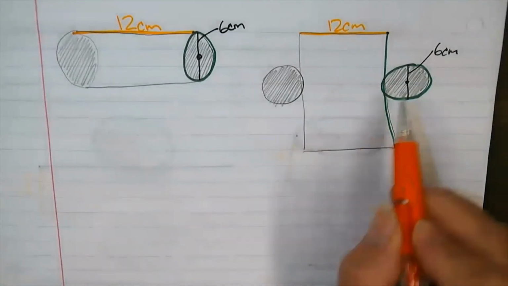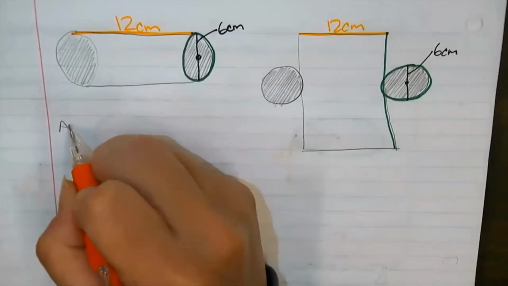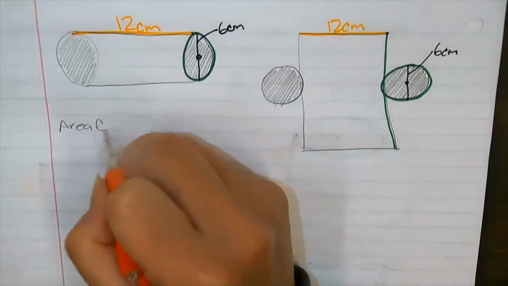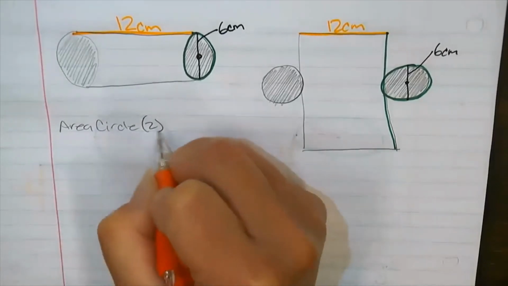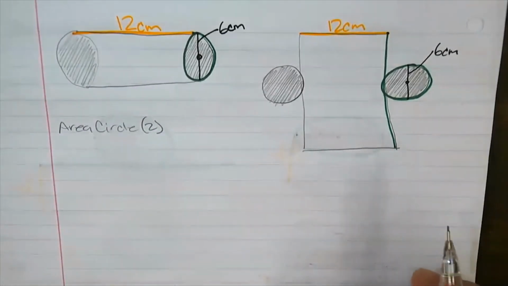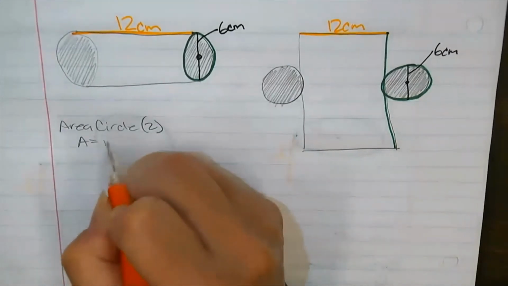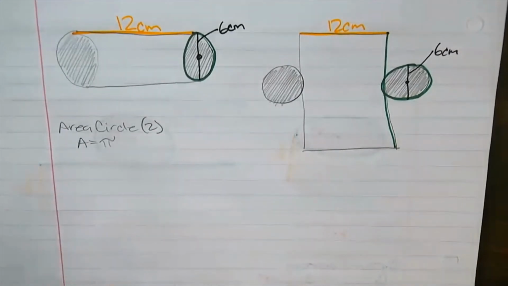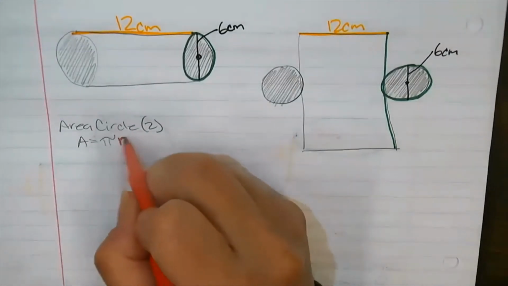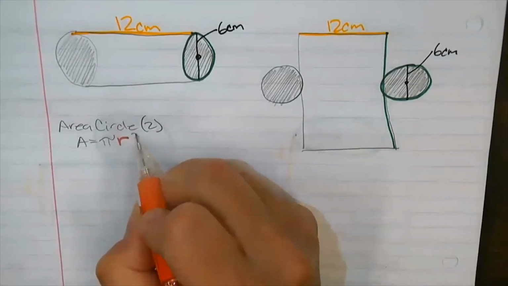So the first thing I want to do, I'm going to take the easy route. I'm going to find the area of the circles. And we have 2 of them. So the area of a circle is equal to pi r squared.